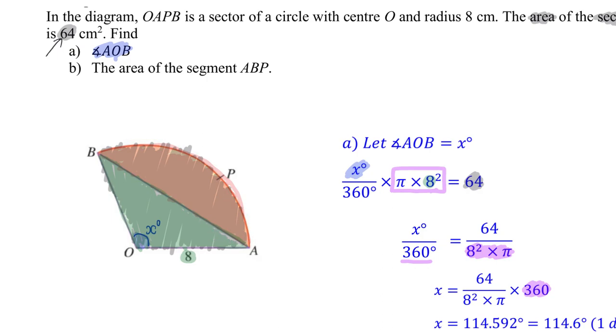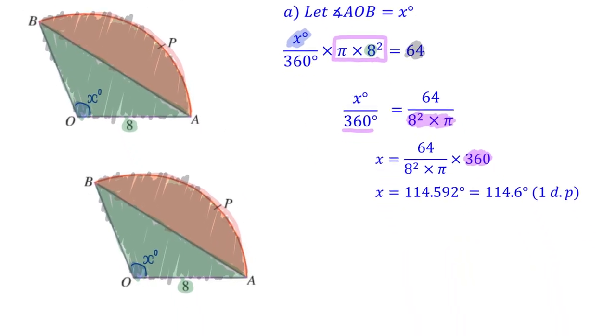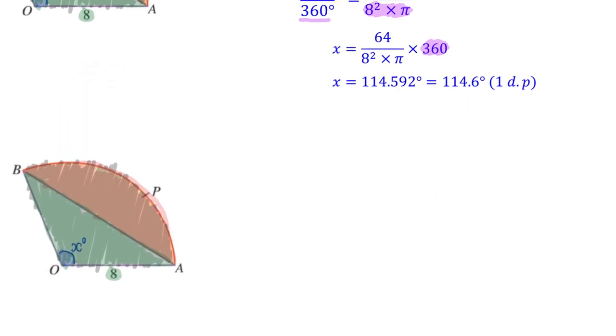The red color is just the sector minus the triangle. And that's exactly what we will do. I'm going to just make a copy of this and bring it down, so that it's easier for you to see.